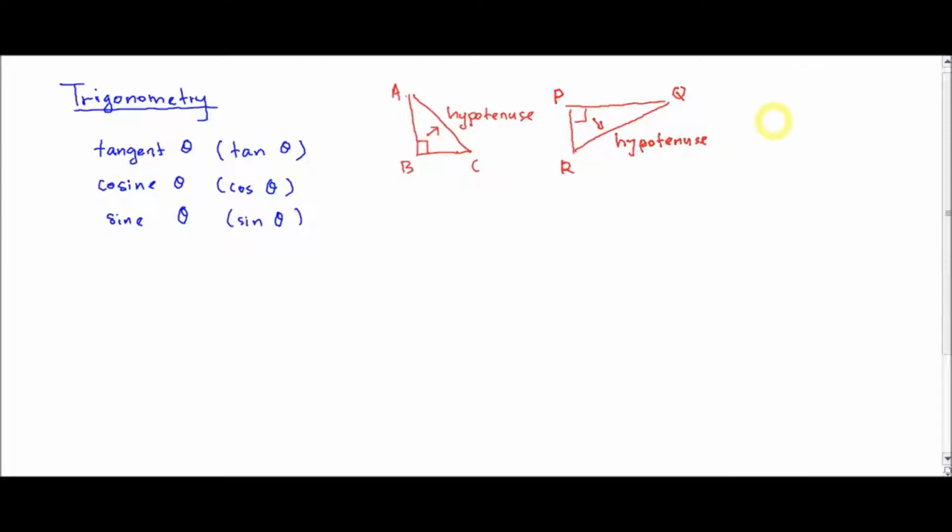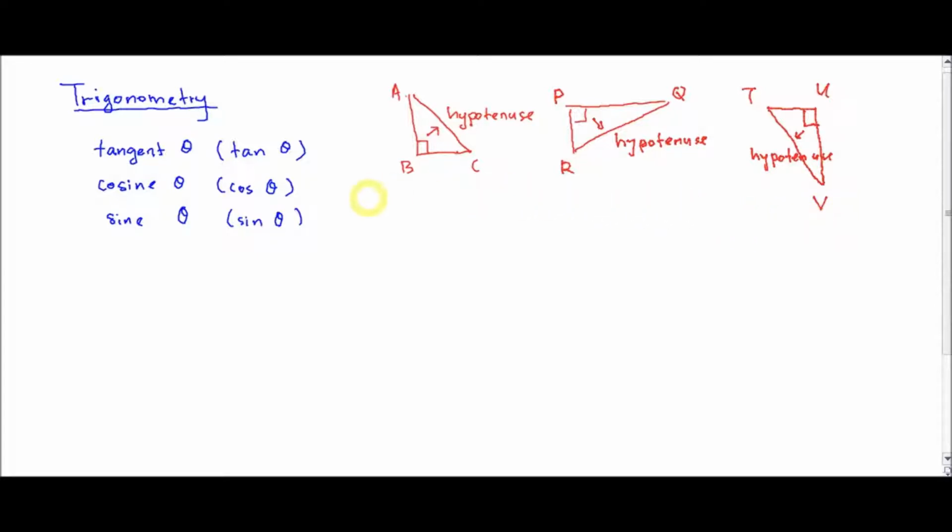Let me give you one more. T, U, V. The right angle is here, and definitely here will be the hypotenuse. Now I think it should be no problem to determine the hypotenuse of a right angle triangle, right?